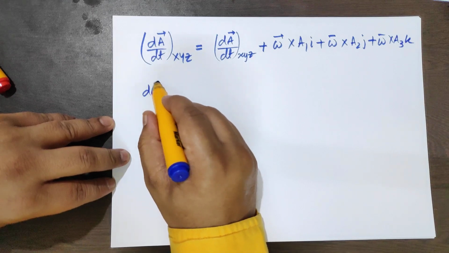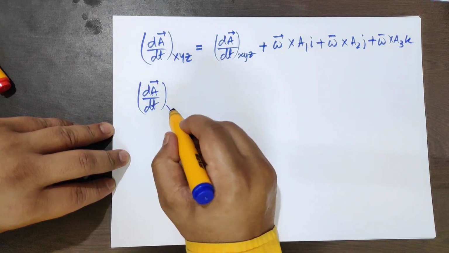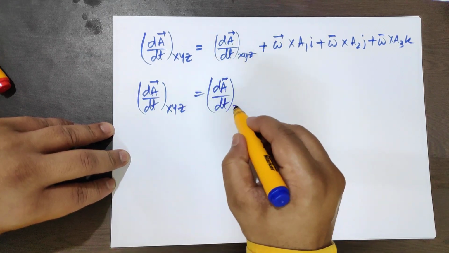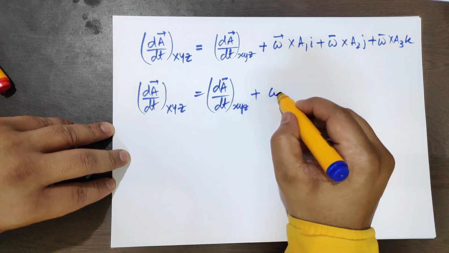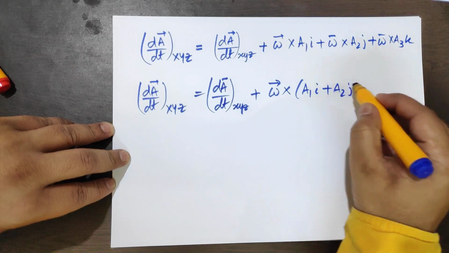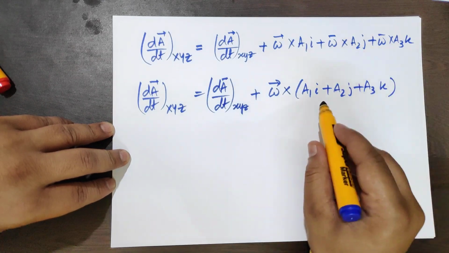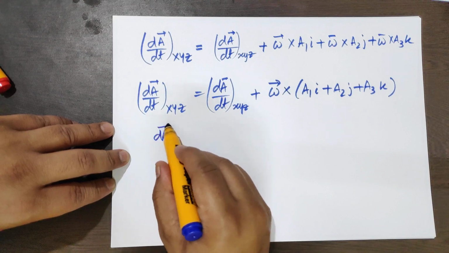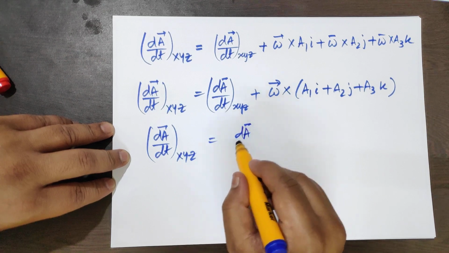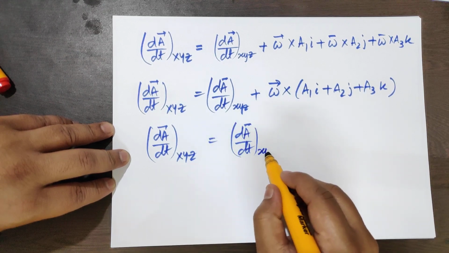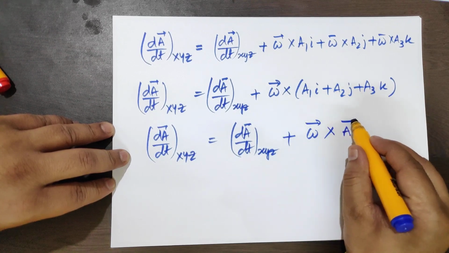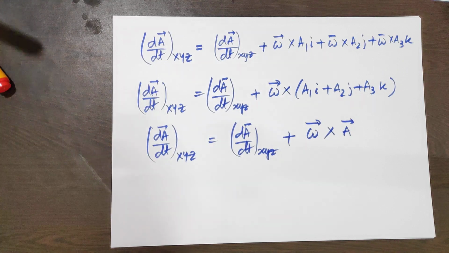Okay, so dA/dt with respect to capital XYZ is dA/dt with respect to small xyz plus omega cross (a1 i plus a2 j plus a3 k). This is nothing but the vector A. So dA/dt with respect to capital XYZ is dA/dt with respect to the moving frame plus omega cross A. Now this is our final expression.